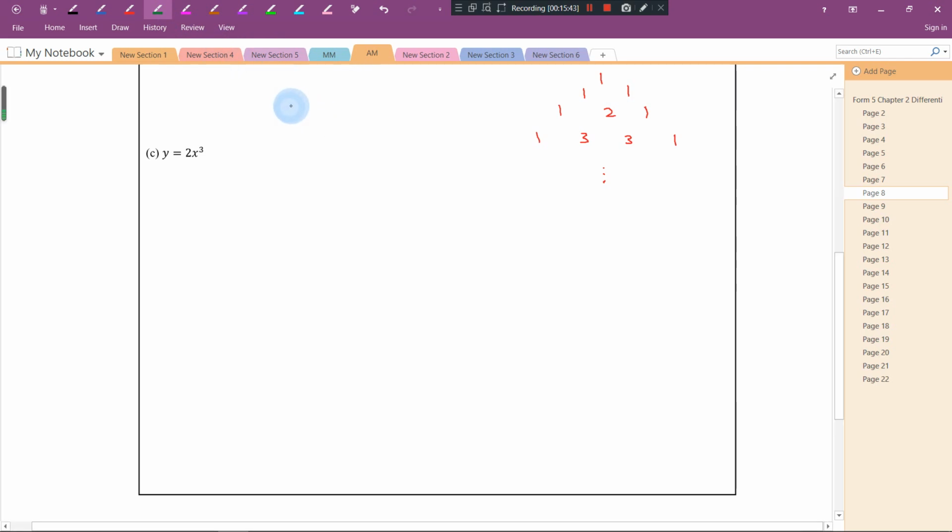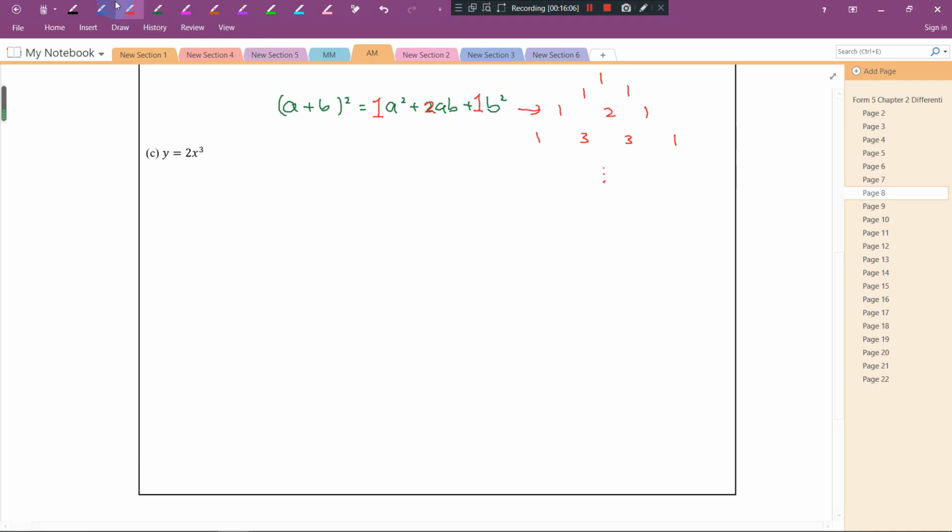Still remember this: A plus B squared. How do we expand this? Using the formula, we get A squared plus 2AB plus B squared, right? Okay, you look at here, we have 1, 2, 1. This 1, 2, 1 is actually here, right?